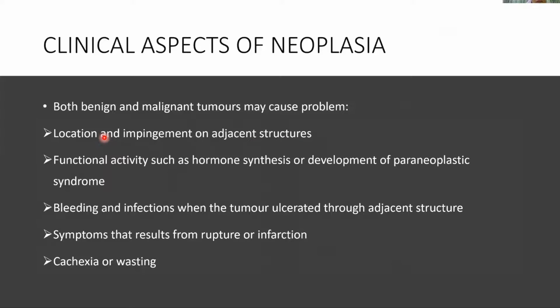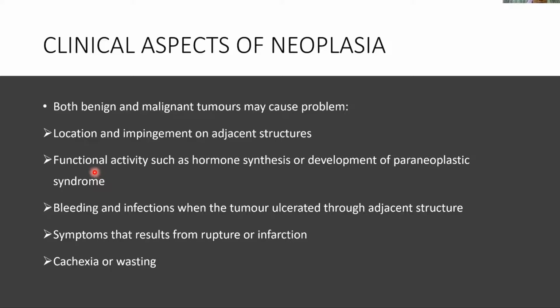For example, in the brain, even though it's a benign tumor, it can cause serious complications for patients, unlike in other organs, because the brain is a confined area. When the tumor is quite big, it can cause very serious consequences, even though it's benign, because of the location of the tumor.